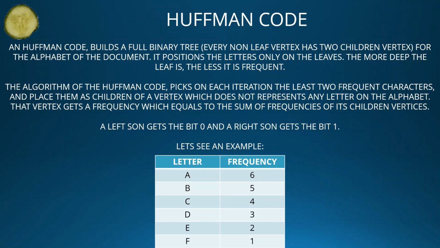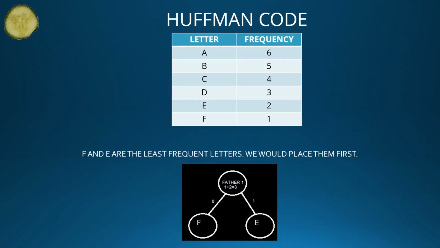Let's see an example. The letter A, its frequency is 6. The letter B, its frequency is 5. The letter C, its frequency is 4. The letter D, its frequency is 3. The letter E, its frequency is 2. And the letter F, its frequency is 1. Alrighty, so as you can see, F and E are the least frequent letters. We place them first.